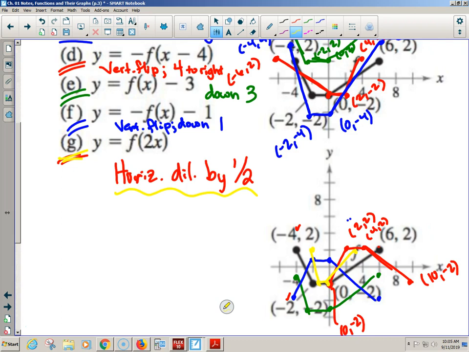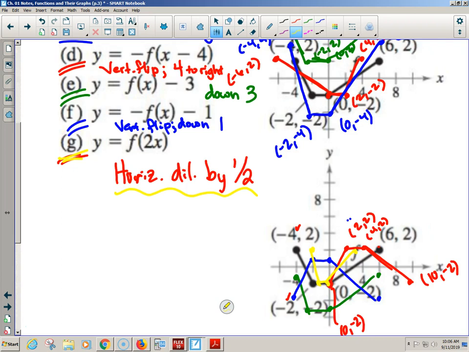So when you say horizontal shrink, my question would be, how would you finish that sentence? By? You would have to say horizontal shrink by 2 because you're shrinking it, dividing it by 2. The awkward part is, I want you to remember that you're multiplying all the x's by.